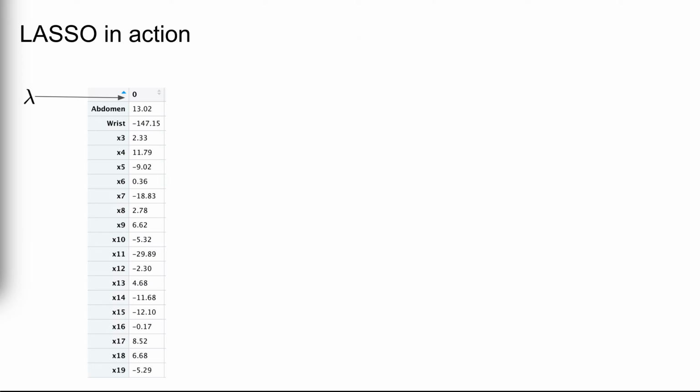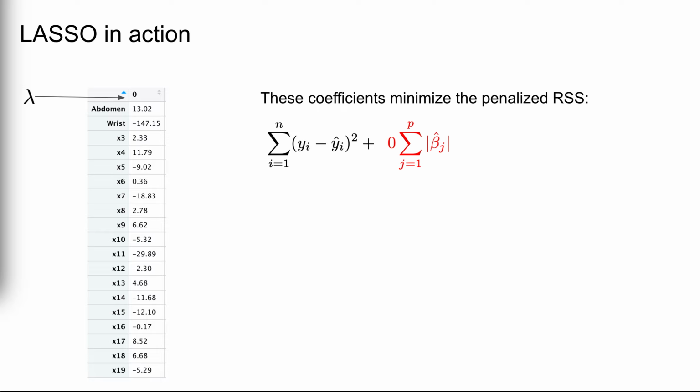To build some intuition for this theory, let's use the LASSO algorithm to build a regression model of height by all possible 19 predictors. To begin, let's run the LASSO using a tuning parameter of lambda equals 0. The coefficients shown here minimize the penalized residual sum of squares when lambda equals 0.